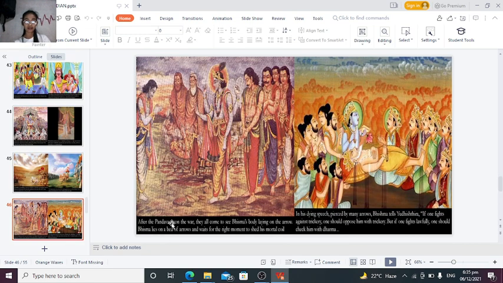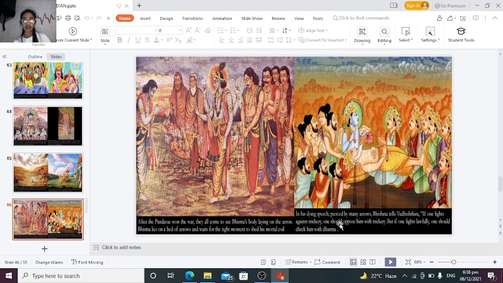After the Pandavas won the war, they all come to see Bhishma's body lying on the arrows. So actually, in the battles, the Pandavas won against Duryodhana. Bhishma lies on a bed of arrows and waits for the right moment to shed his mortal coil.